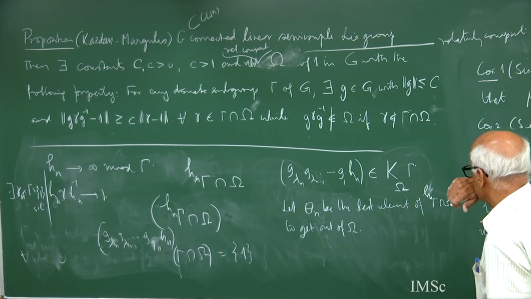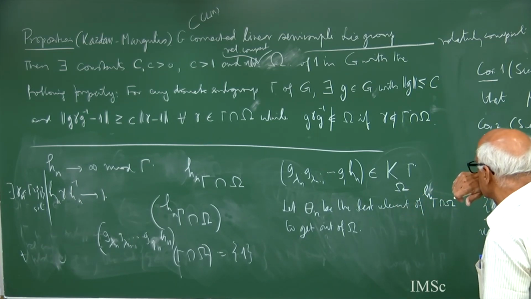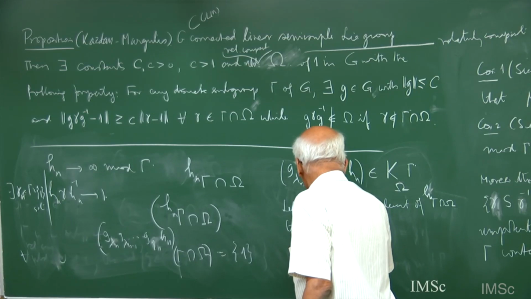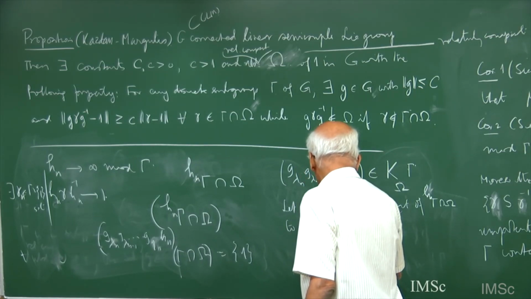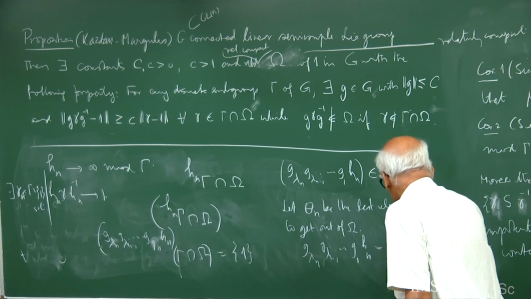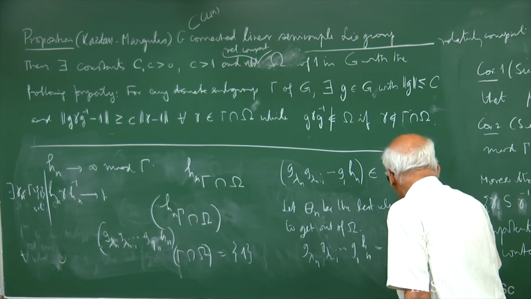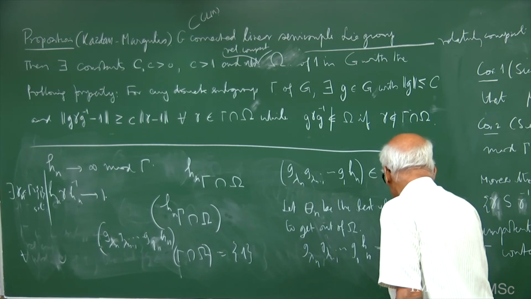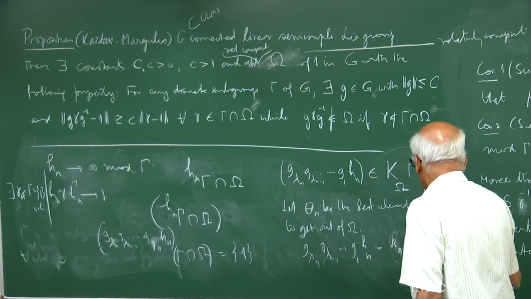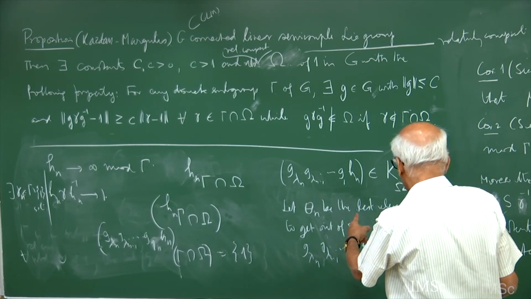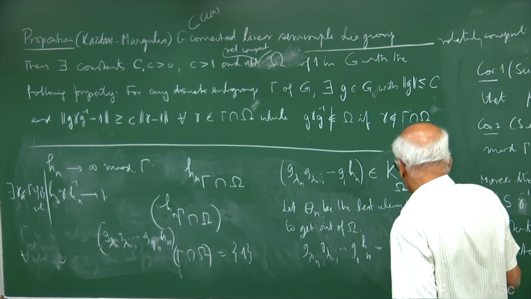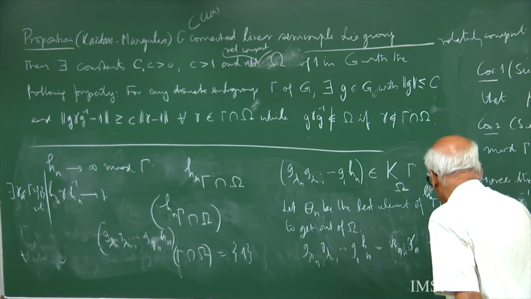So g lambda n minus 1, etc., g1 Hn is some un gamma n kn gamma n, with kn in k omega.